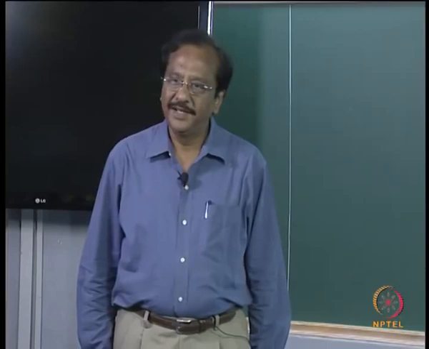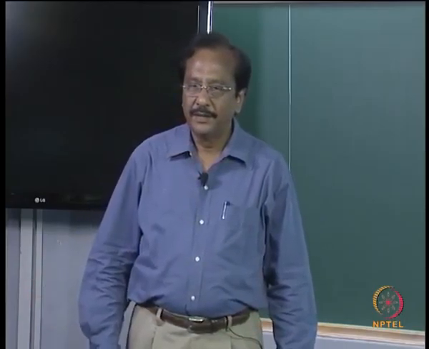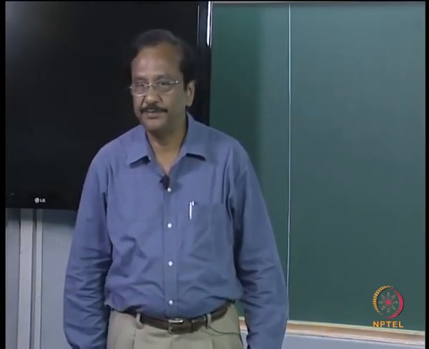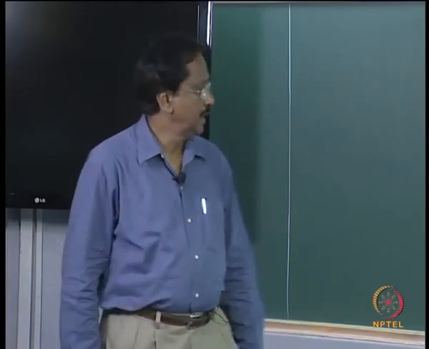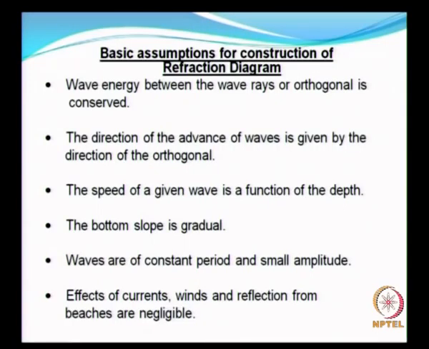Why gradual? If you have a very huge obstruction, then another phenomenon called diffraction comes into the picture. Waves are of constant period and small amplitude, and when we are trying to construct a basic refraction diagram, we neglect the effect of currents, winds and reflection from beaches.